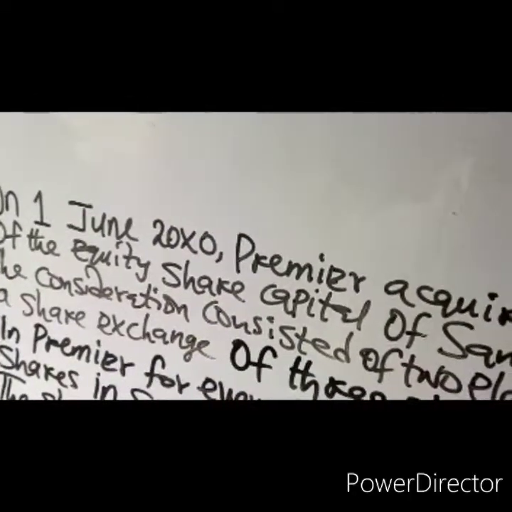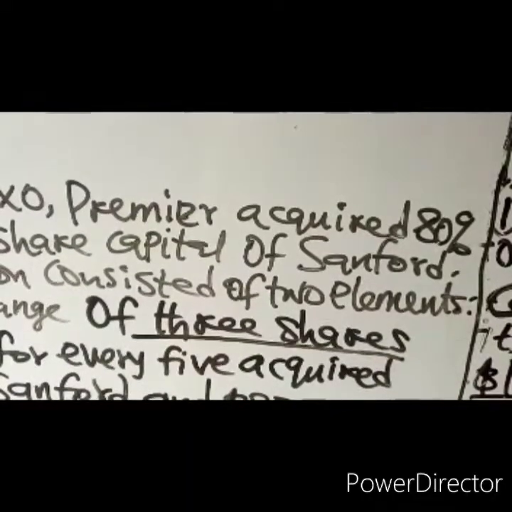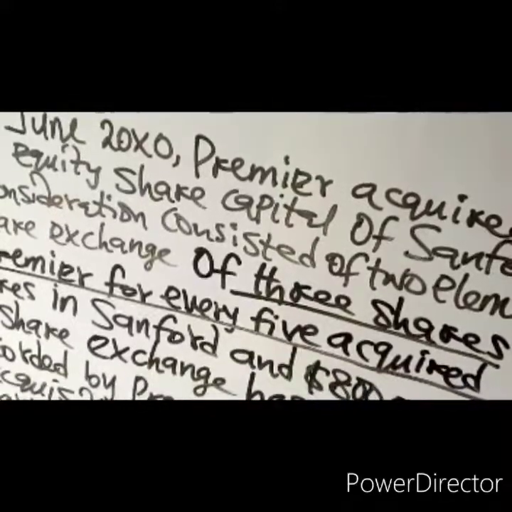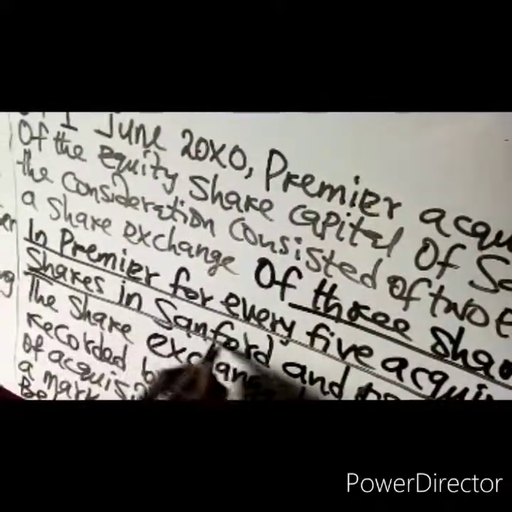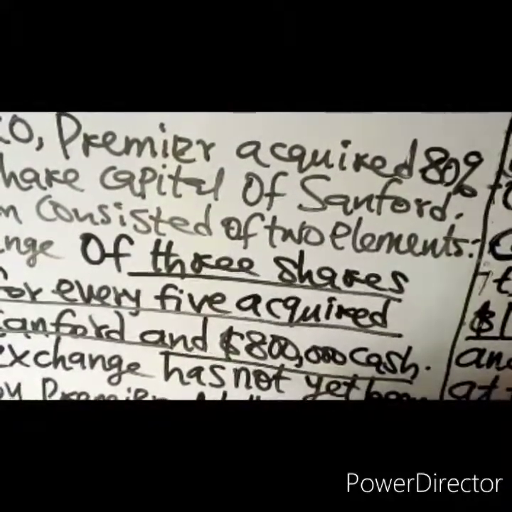The consideration consisted of 2 elements: a share exchange of 3 shares in Premier for every 5 acquired shares in Sanford, and $800,000 cash.